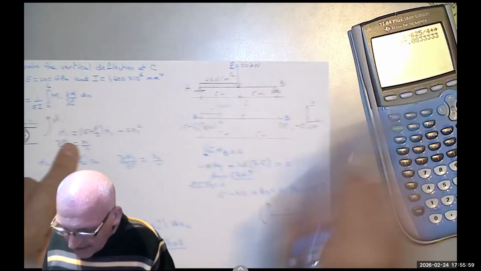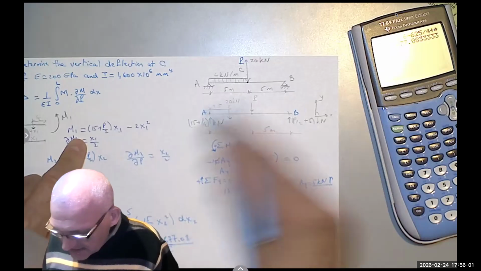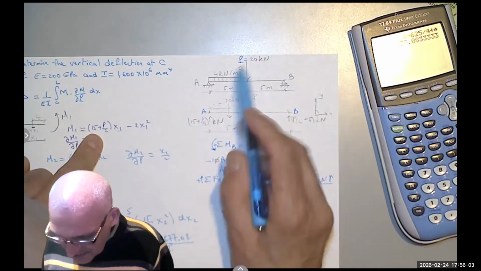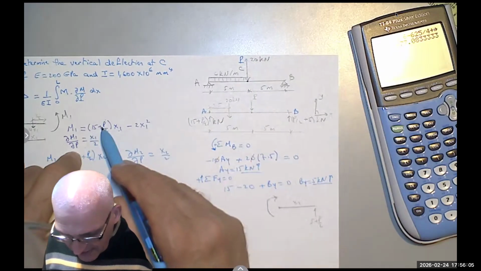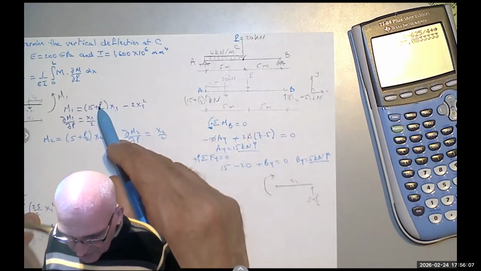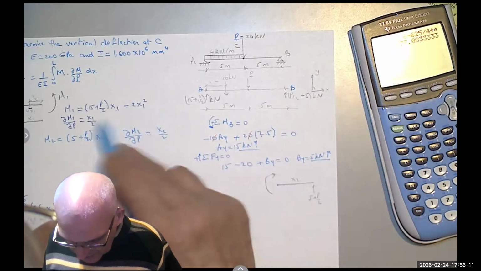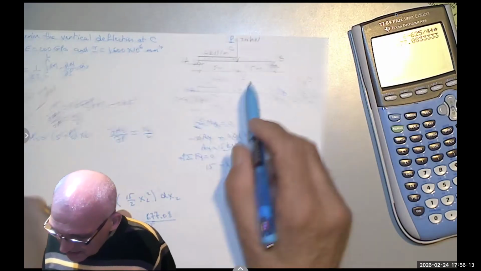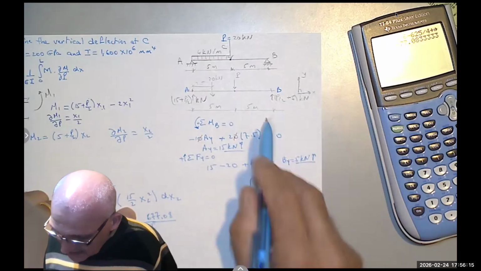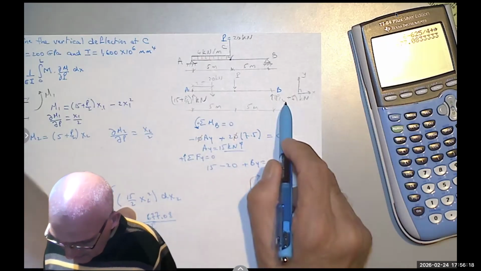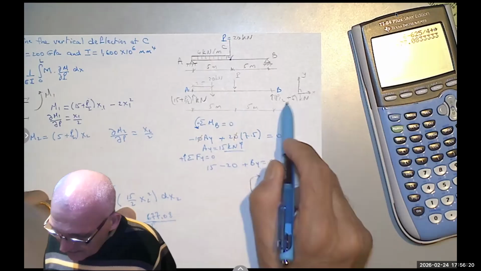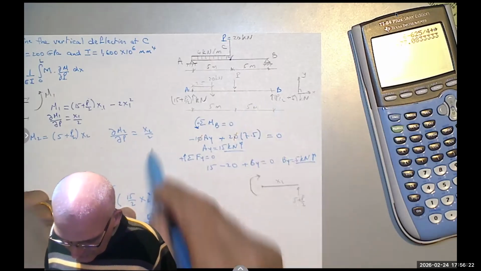Okay, quickly. We said this is 15, that's 5, that's correct. And this is 10, so 25 over 2 x1 squared. And 2 over 2 is 1, so x1 cubed. And this would be 15 x2 times x2 over 2, so 15.